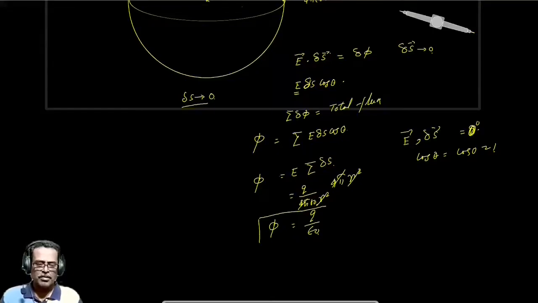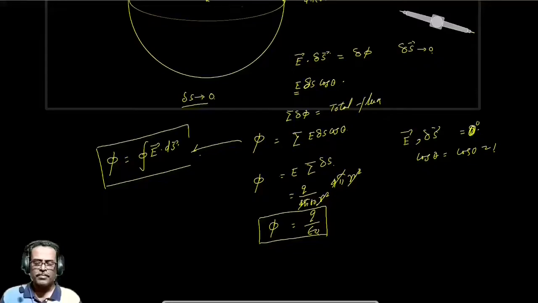On the other hand, we can express phi as the integration of E dot dS, so we can say that the integral of E dot dS is equal to Q by epsilon 0.